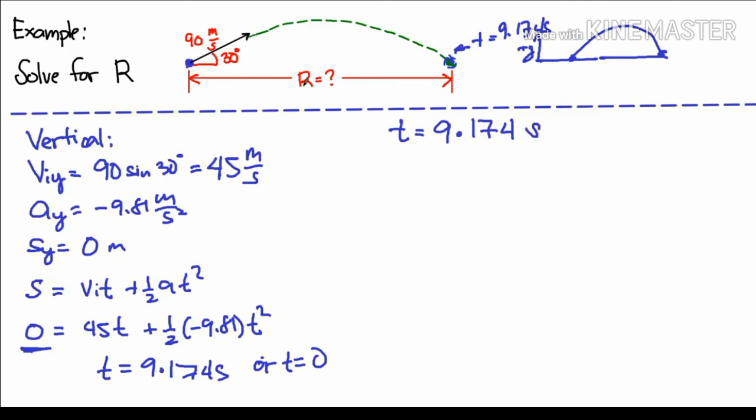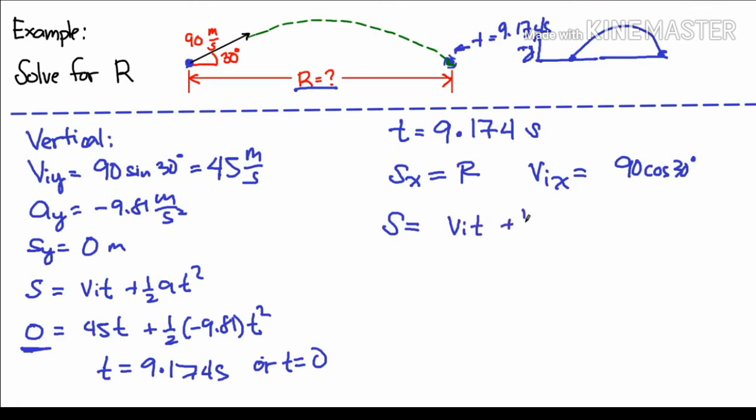We are looking for the range, R. That is actually Sx, and the initial velocity in x is 90 cosine 30 degrees. This is 45 square root of 3, but let's just use 90 cosine 30 degrees. We have S equal to Vi t plus 1/2 a t squared.